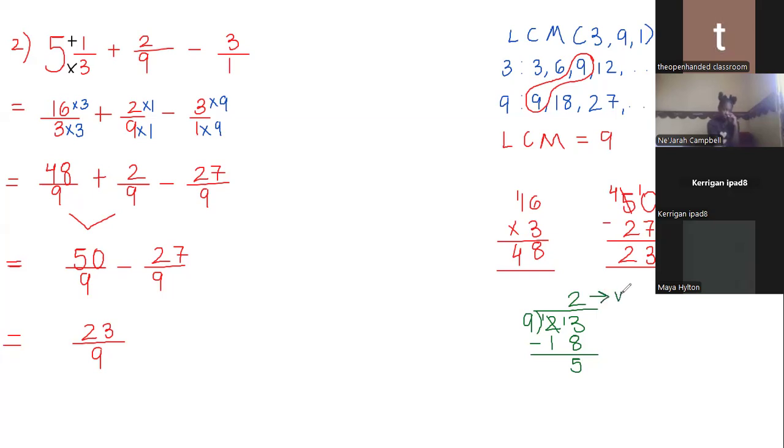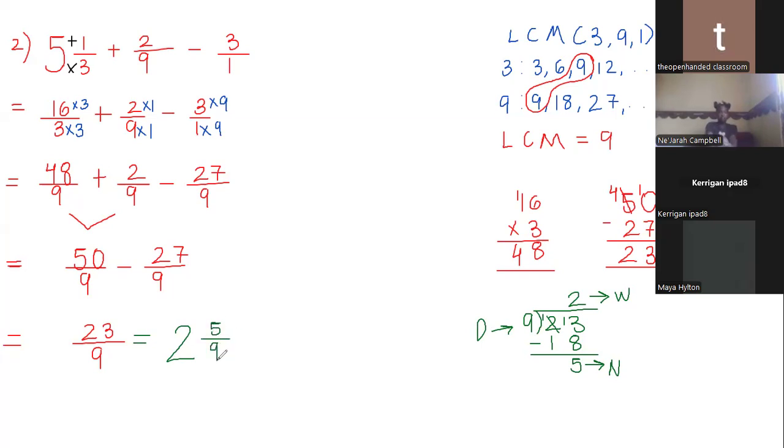What is our numerator? 5. What is our denominator? 9. Very good. So what's the answer? 2 and 5 over 9.